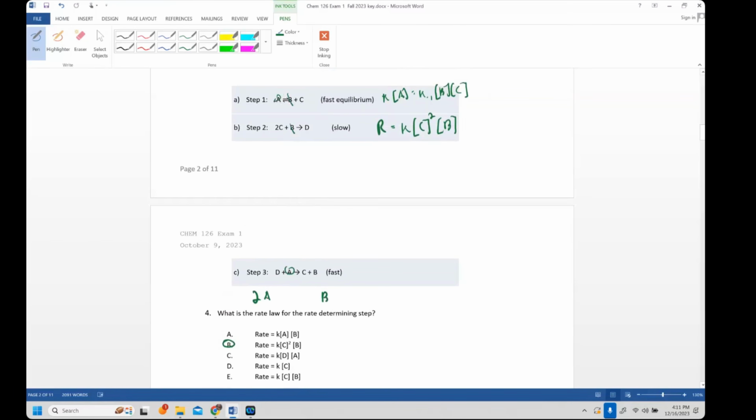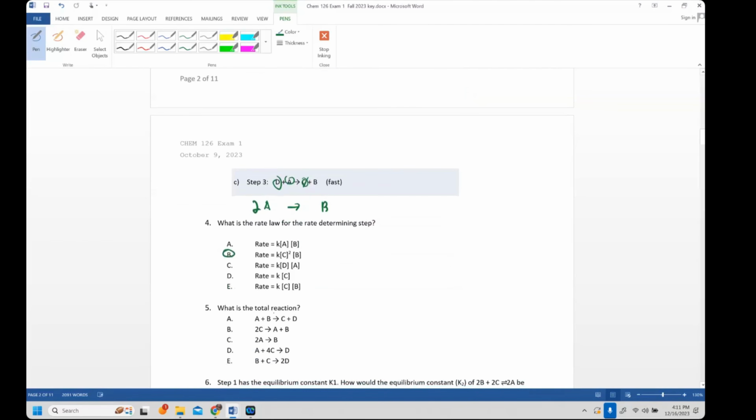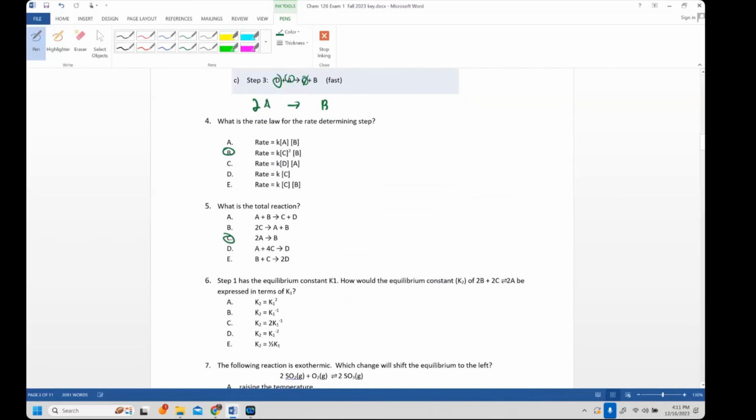Let's look at C. C, we have 1 on the right, 2 on the left, 1 on the right. So the C's will all cancel out. And then D, we have 1 on the right, 1 on the left. So they cancel out. So that means we have 2A yields B. That's the total reaction. So whenever we have an overall or a total reaction, it's simply just adding the reactions together. So that's C.